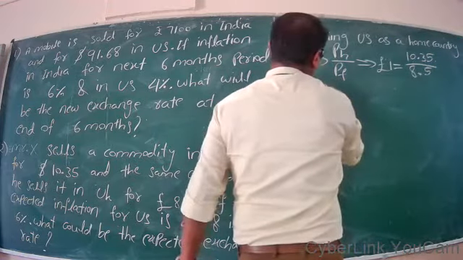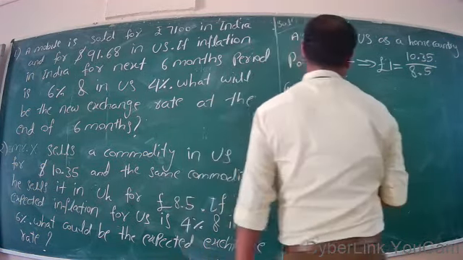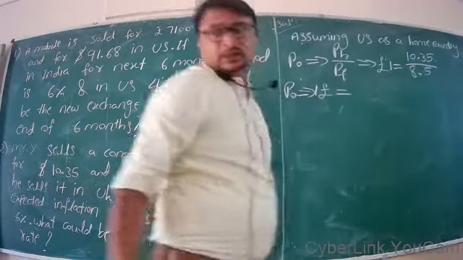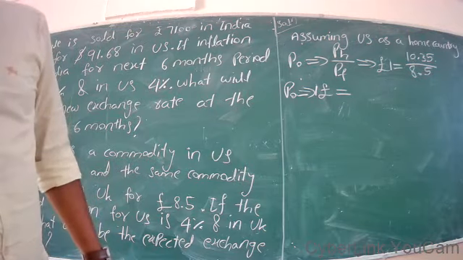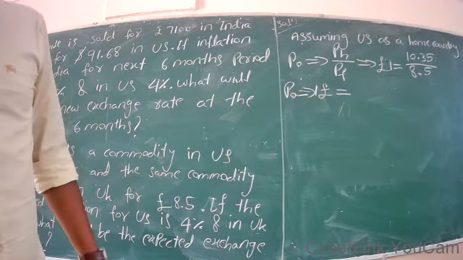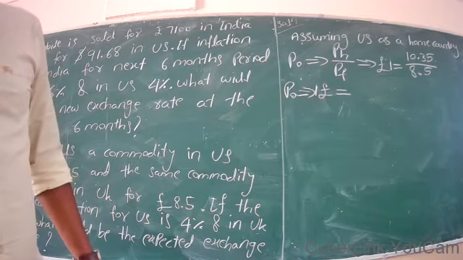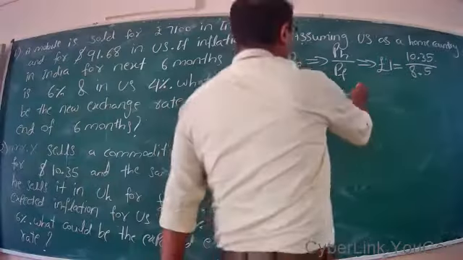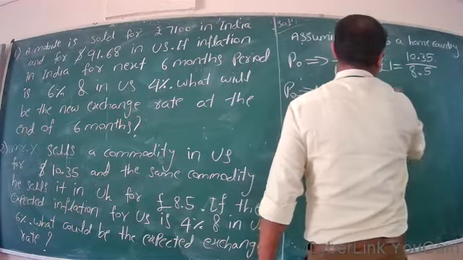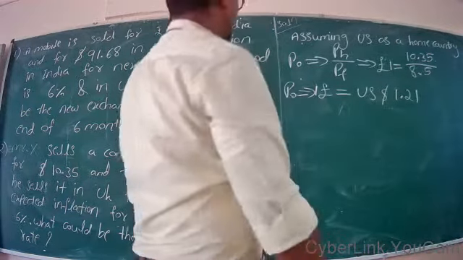So P0, 1 sterling pound, is equal to 10.35 divided by 8.5, that is 1.21 US dollars for 1 sterling pound.